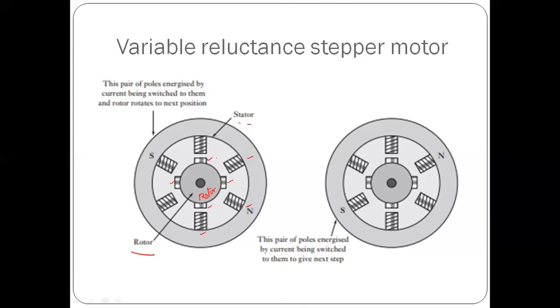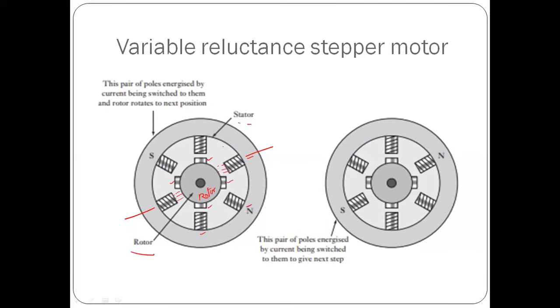For example, say initially I pass current through this pair of stator windings. When I pass current through the stator windings, it produces a magnetic field, and magnetic lines of force will be produced. It will try to pass from here to here.